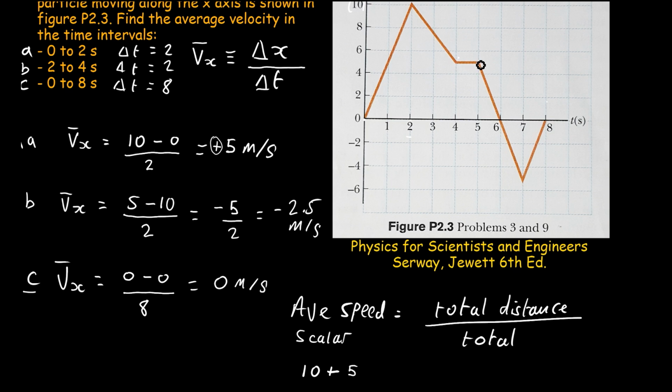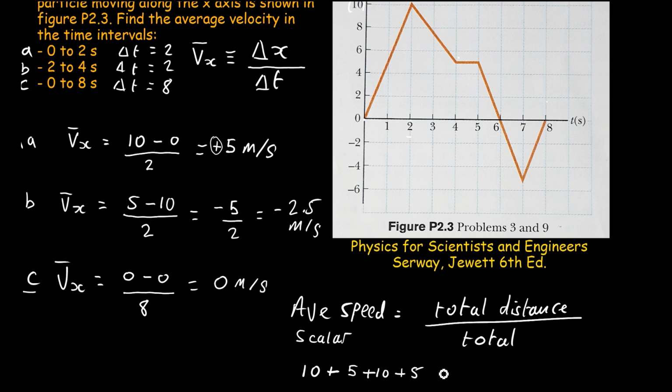Then we're not moving at all. Then we go from +5 to -5, and the difference there is 10 meters. So we add a 10, and then we move in the positive x direction by a distance of +5.